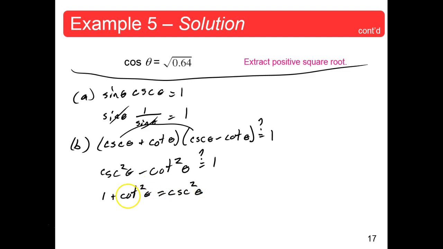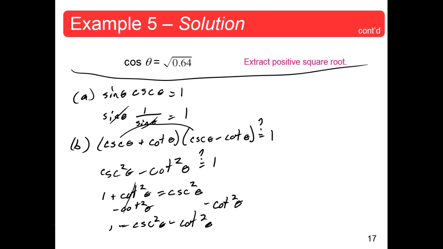So if we were to subtract the cotangent squared theta from both sides, guess what we get? 1 is equal to cosecant squared theta minus cotangent squared theta. So yes, we get 1 equals 1. That's true in most cases. Okay. So sure enough, that's how we go on that.